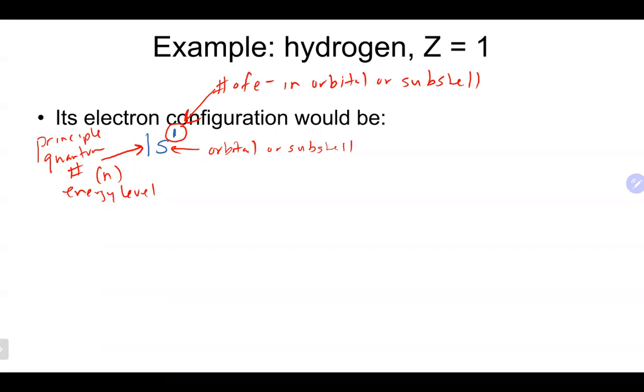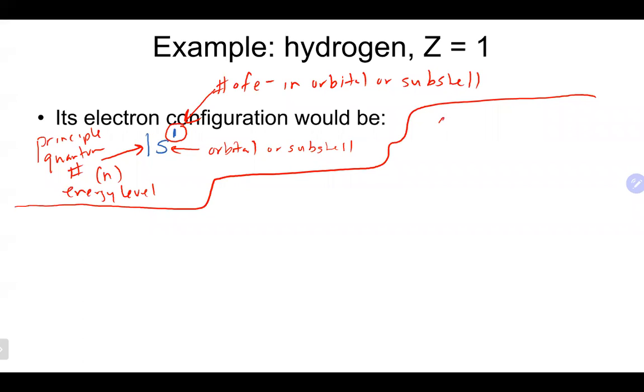We can also draw what is sometimes referred to as the orbital diagram. This is either boxes or lines, and each box or line represents an orbital. We use arrows to represent them being filled in.